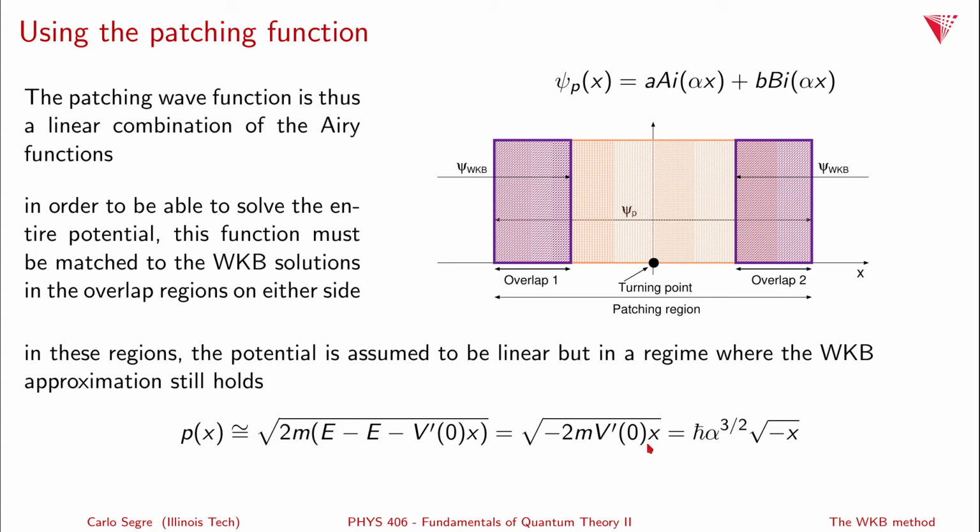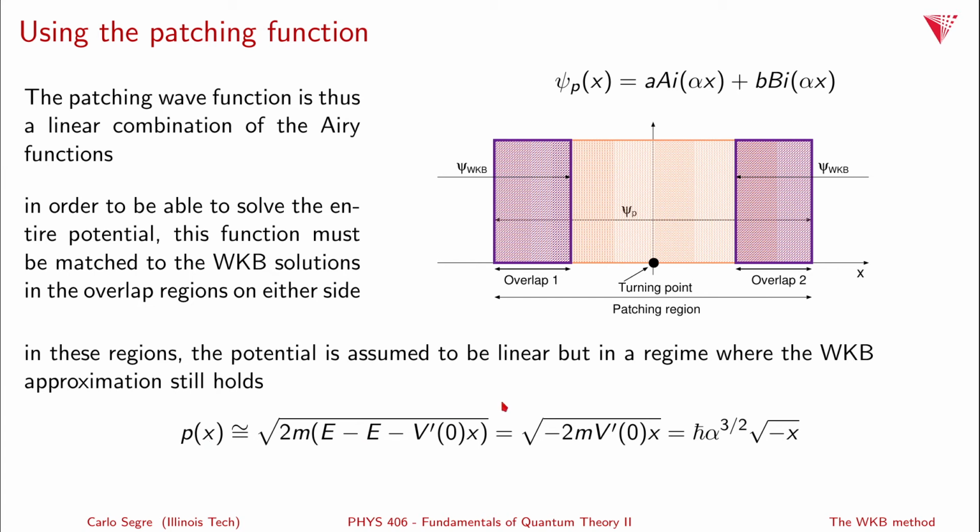And when we extract the minus x by itself in the square root, and we pull everything else out, we see again this alpha parameter. And so we get h bar times alpha to the 3/2 when we pull it out of the square root, because this is related to alpha cubed, and then times the square root of minus x. So this is the momentum inside the patching region or in the overlap regions.